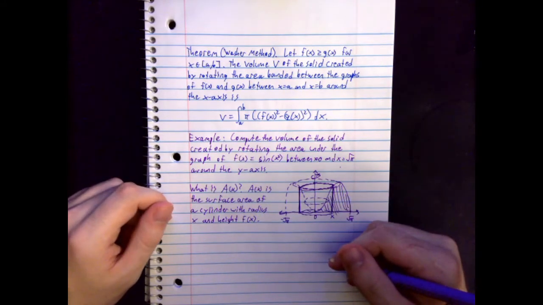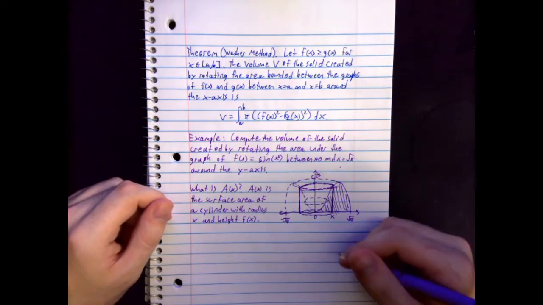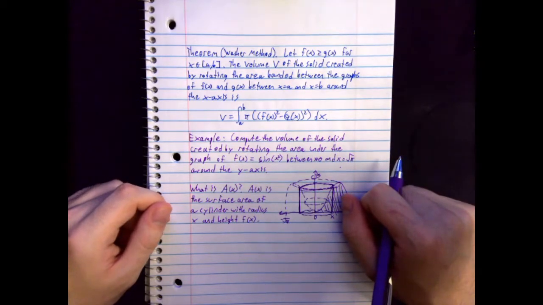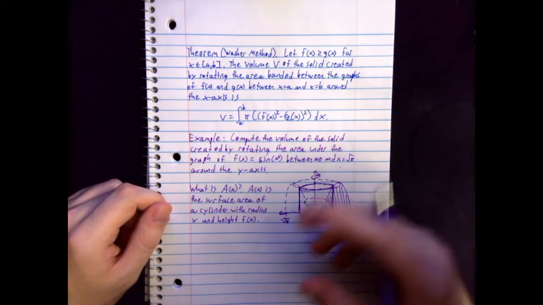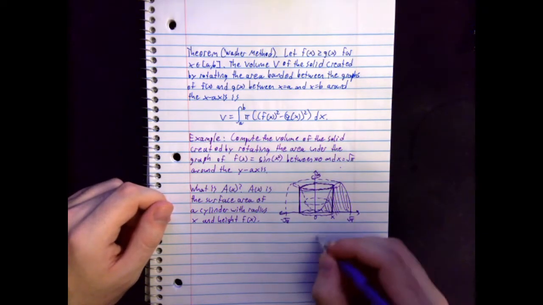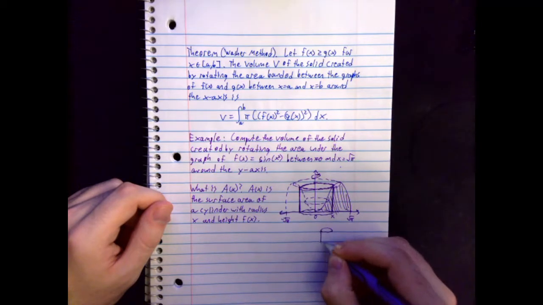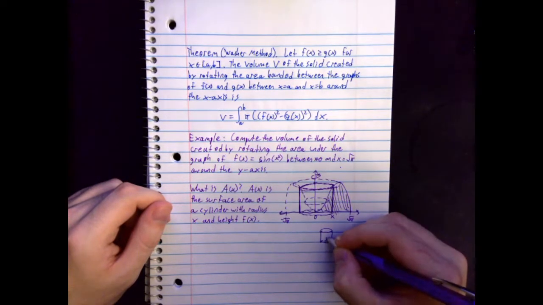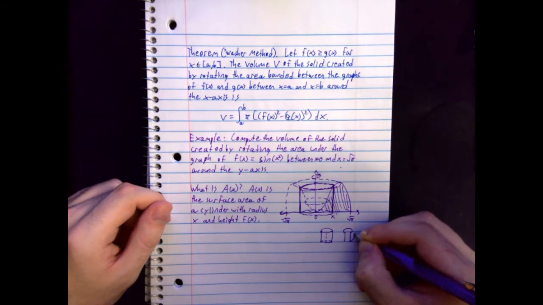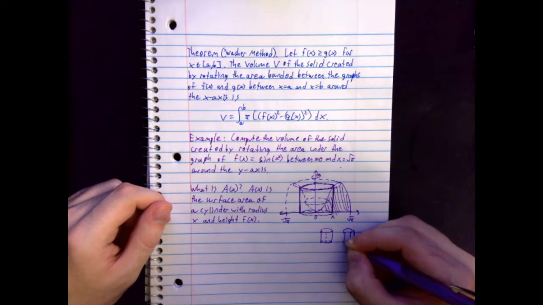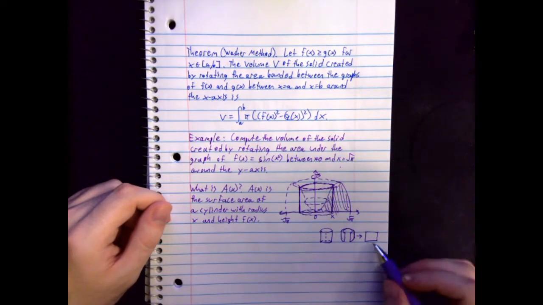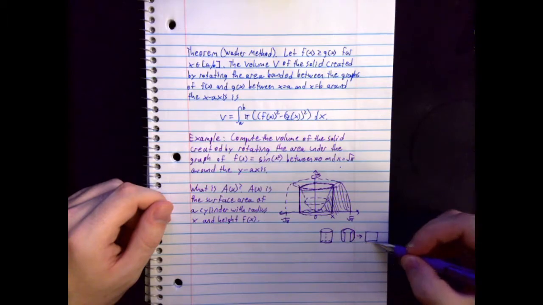Well, what is the surface area of a cylinder? In one lecture, I forget which, I think it was one of the applied optimization or related rates lectures, we actually looked at the surface area of a cylinder. So if I have a cylinder here, and I imagine cutting it and unfolding it, trying my best to draw this, then really the surface area is just the height times the circumference.